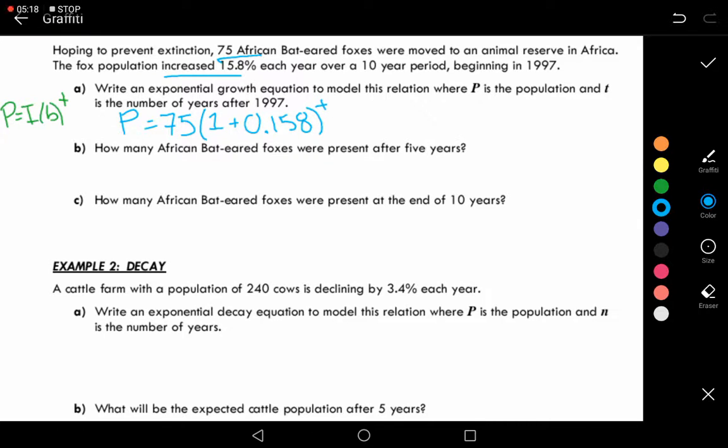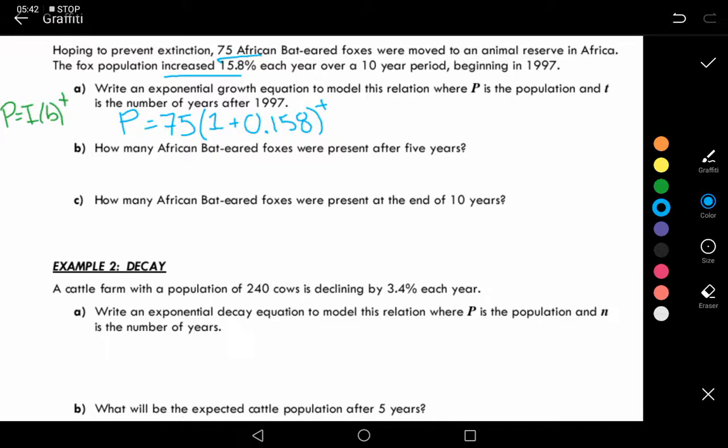And we are going to also leave that t, because t is going to represent the number of years after 1997. So this is our general equation. It has all the pieces that we need. It has population, we subbed in initial amount, we figured out how to calculate our growth factor, and t is the time period that we can solve for.